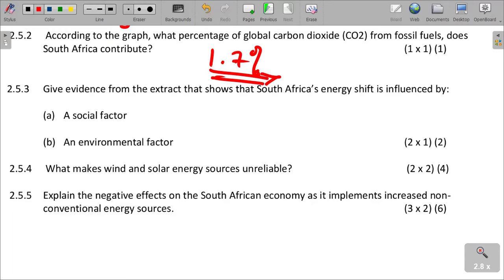And then I give the evidence from the extract that shows that South Africa's energy shift is influenced by a social factor.